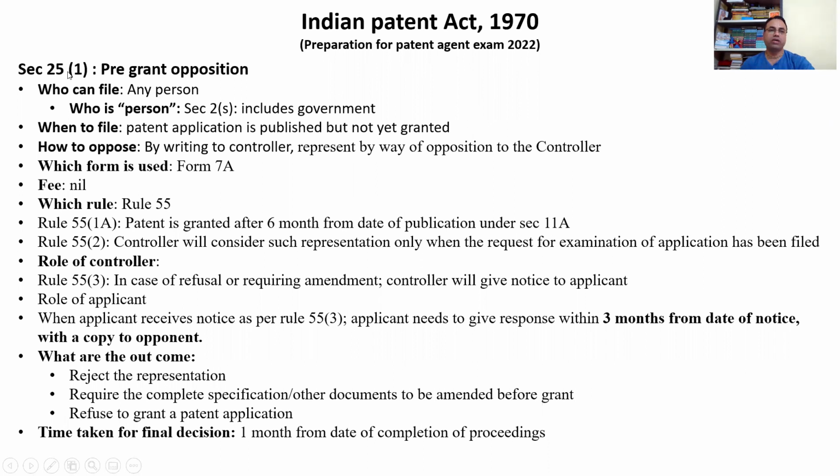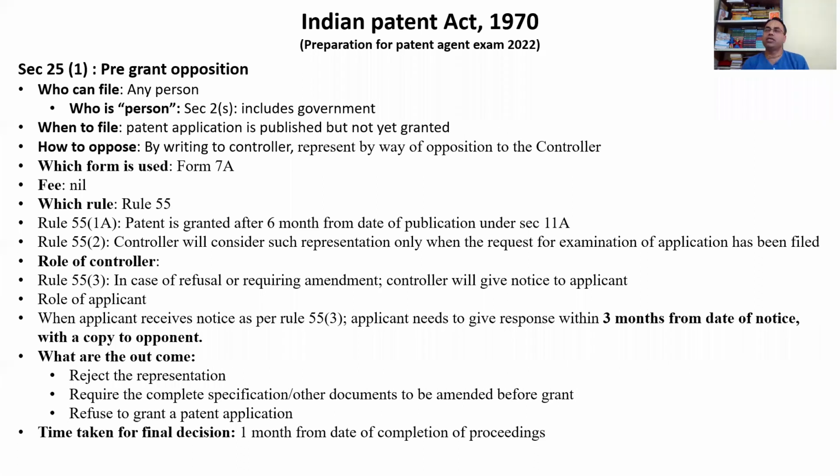So section 25(1) is pre-grant oppositions. You can please keep the book in front of you as we discuss, so that you can refer to it, but we will not read those line by line from now onwards.